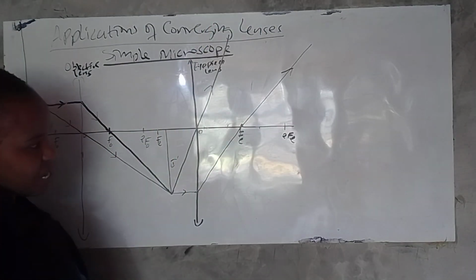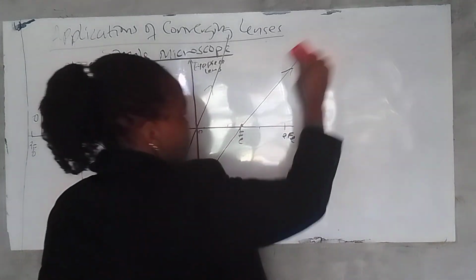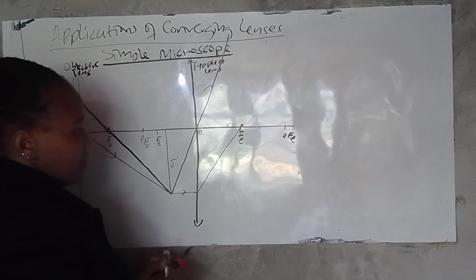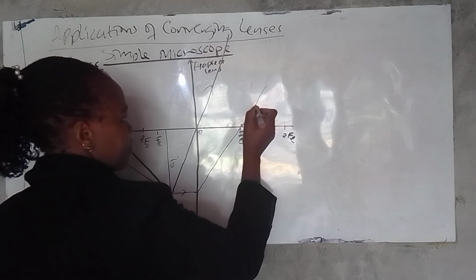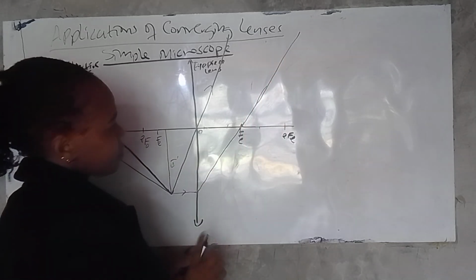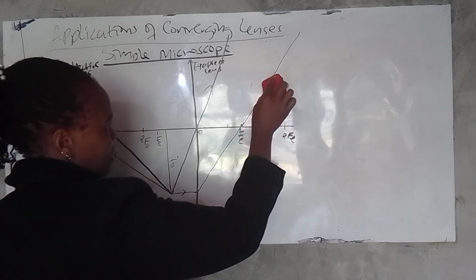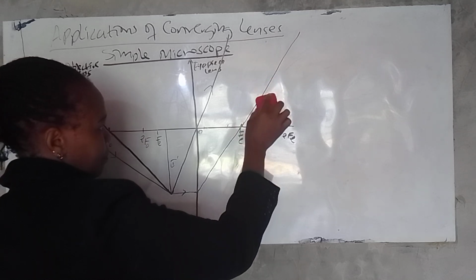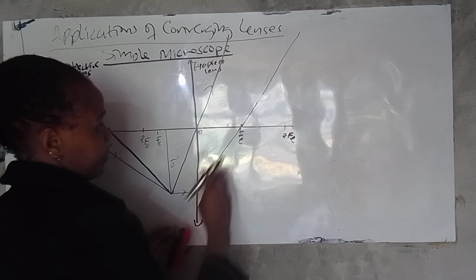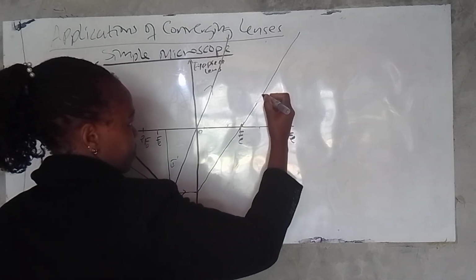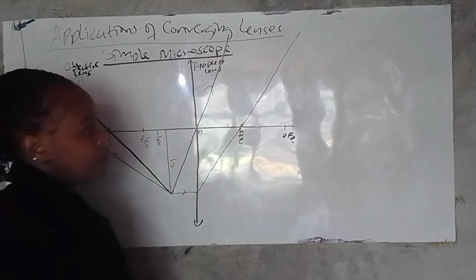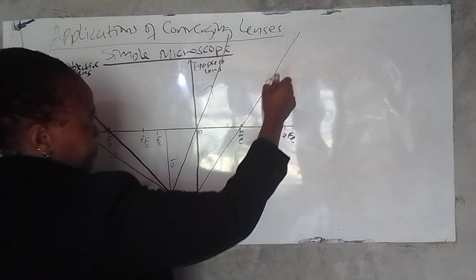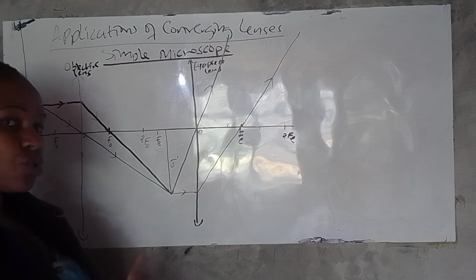Now from there we produce the refracted rays backwards.